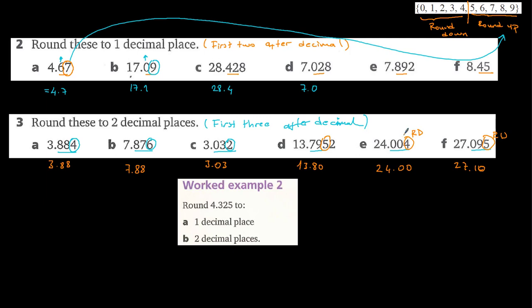In round down we are not touching. In the round up group, the last digit increases by 1, this is going to be 10, and that brings 1 unit to this one also. So 20.10 is the answer.